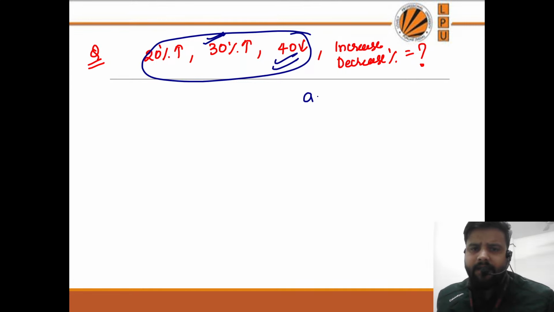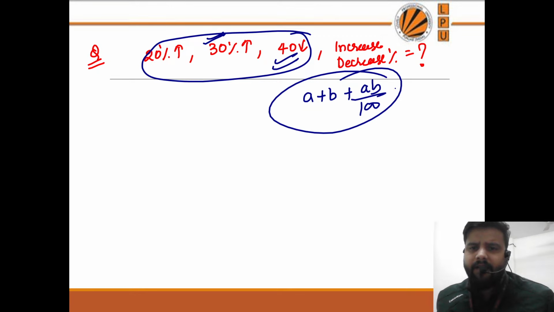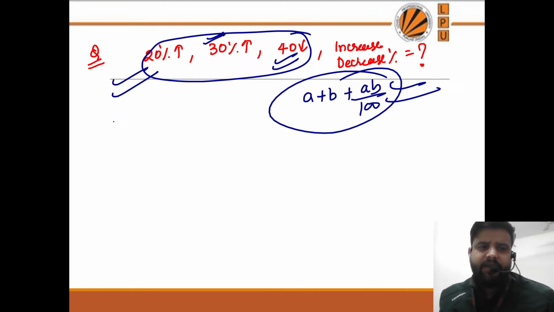In method 3, we know this formula, a plus b plus ab by 100. But in this formula, we have only two variables. So how to apply this method into this? We will treat it like this.